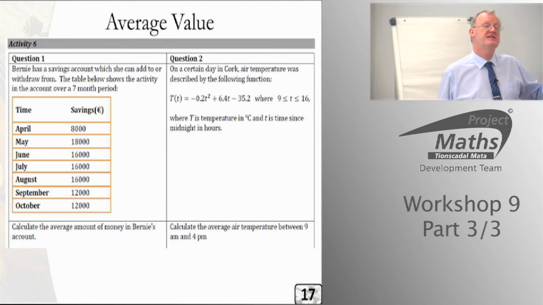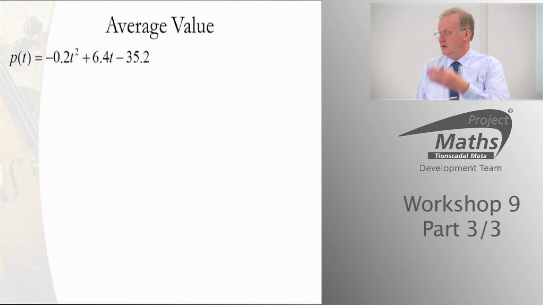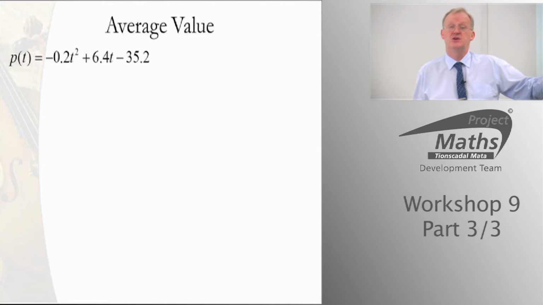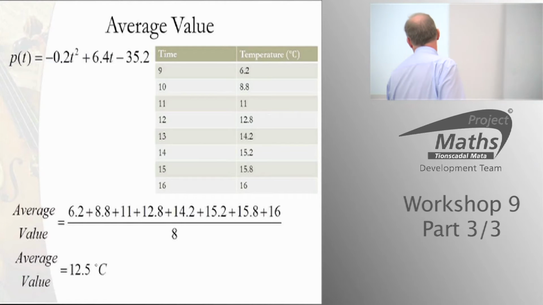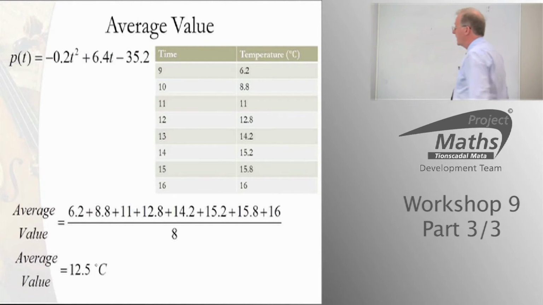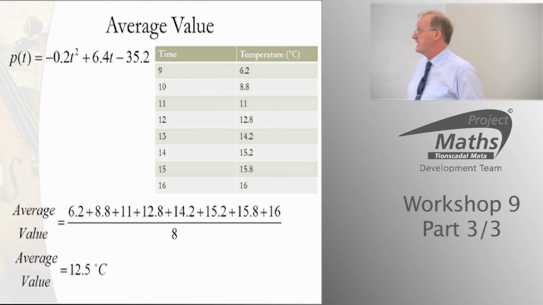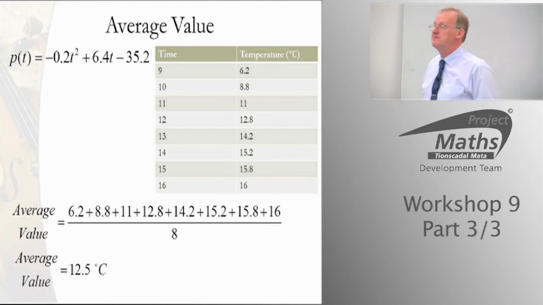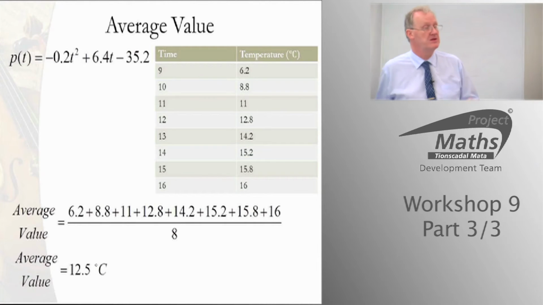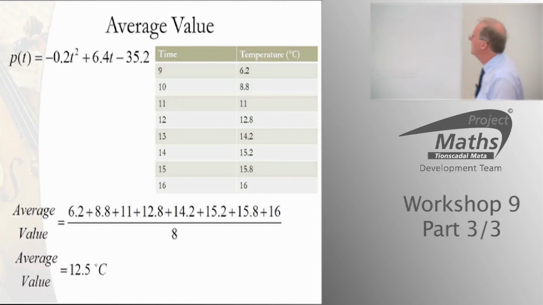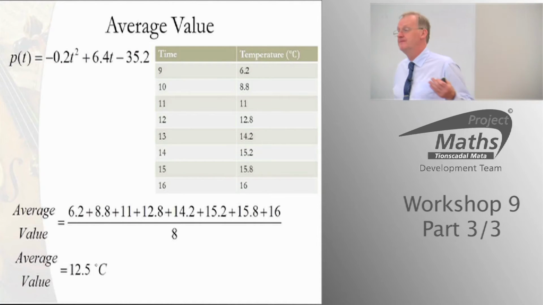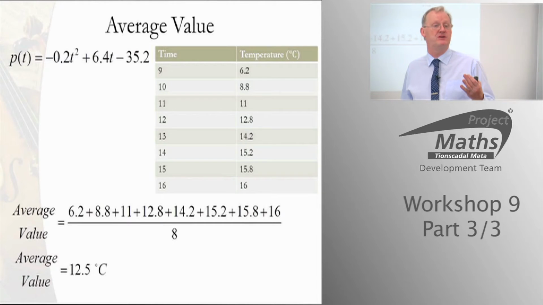And if it's continuous data, what does that mean? It's always changing. So even if you took that function, got a table of values from 9 to 4 in the evening every hour, calculated the average using add them all up and divide by the number of observations, what would you be calculating? Would you really be getting the average?